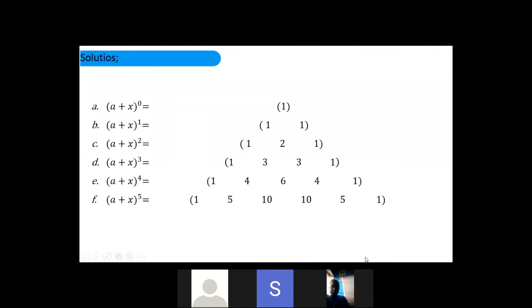Any question about the pattern? Okay, if there's no question, this is what we call the Pascal's triangle.